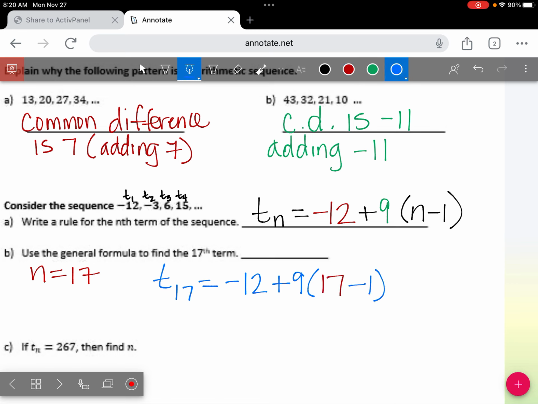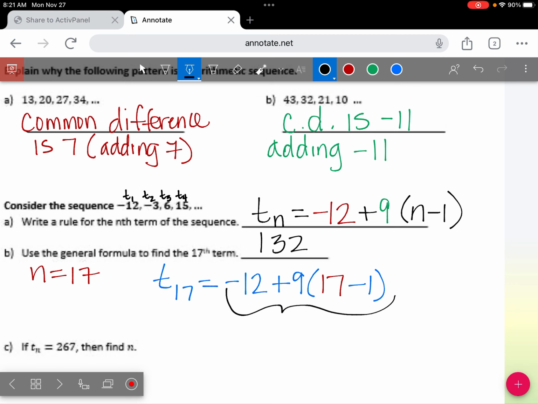Go ahead and type this in your calculator, just like this. And you should get 132.